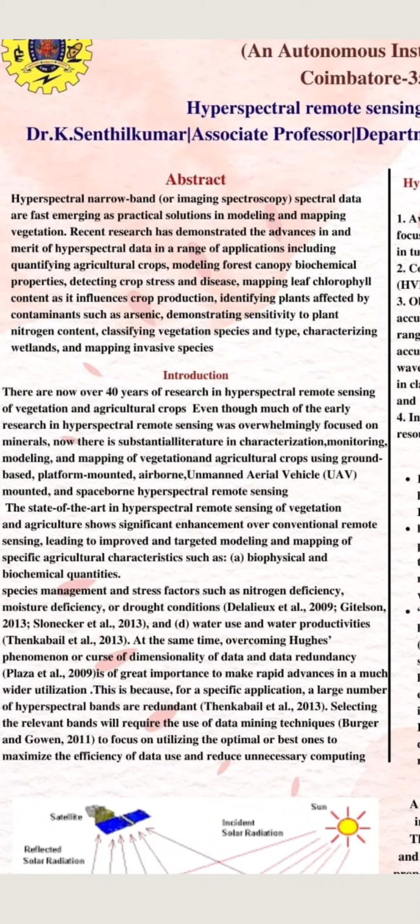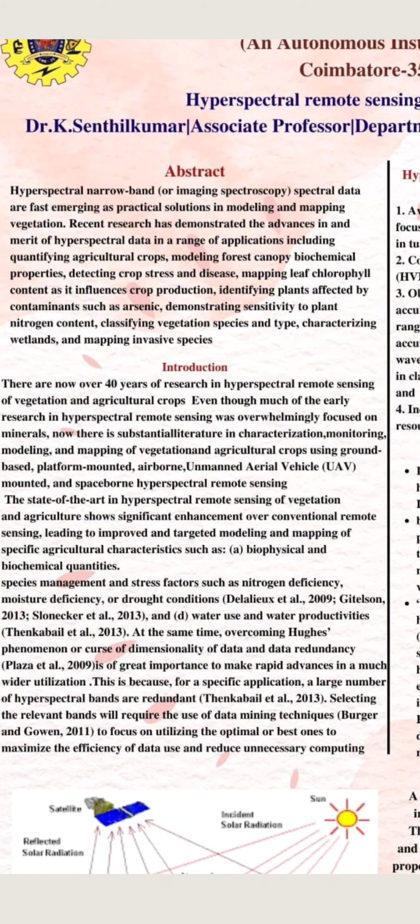Previously, it was mainly focused on the conditions of agriculture crops. But now this hyperspectral remote sensing is focused on minerals, and it is more concentrating on the location of the vegetation. This modeling and mapping of vegetation and agriculture crops uses ground-based platform-mounted, airborne, unmanned aerial vehicle-mounted and space-borne hyperspectral remote sensing.